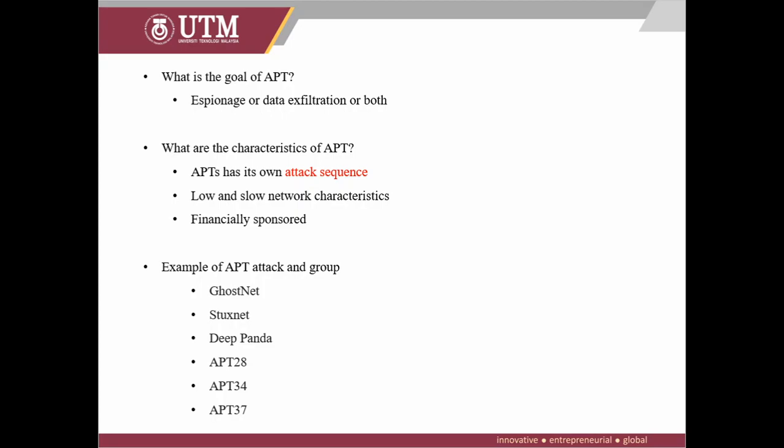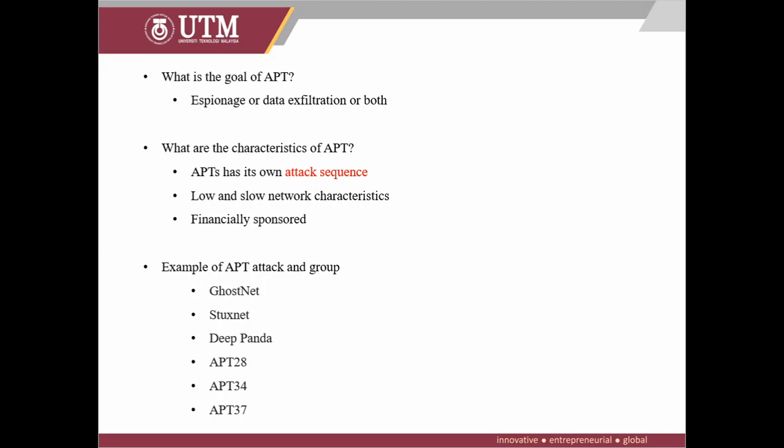Now, what are the characteristics of APT? APT has its own attack sequence or attack cycle, meaning there are steps when it comes to APT, step 1 to step N. Then, it also has low and slow network characteristics. When the attacker is in the system network, it has low and slow network characteristics that are difficult to detect by a normal intrusion detection system.